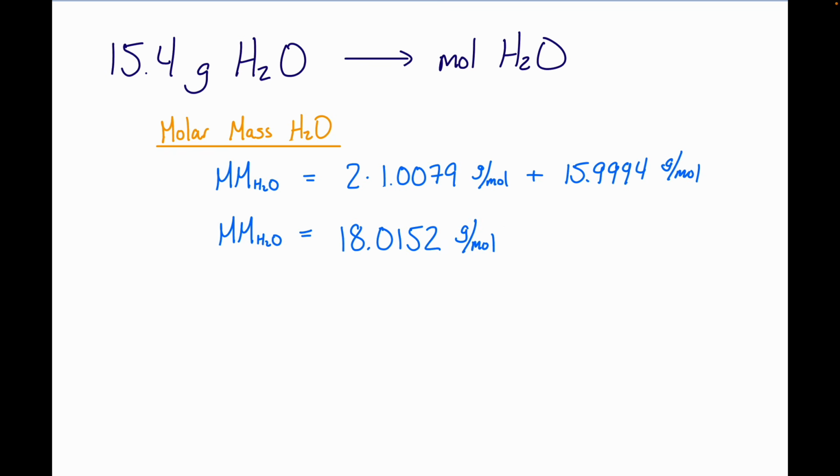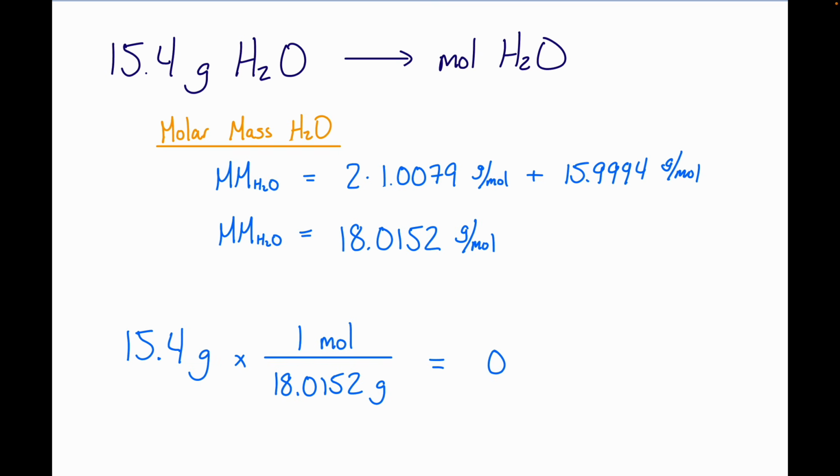So then I'm going to take my 15.4 grams and I'm going to divide by that molar mass, divide by the 18.0152 grams, put that under the 1 mole, and we get 0.8548.